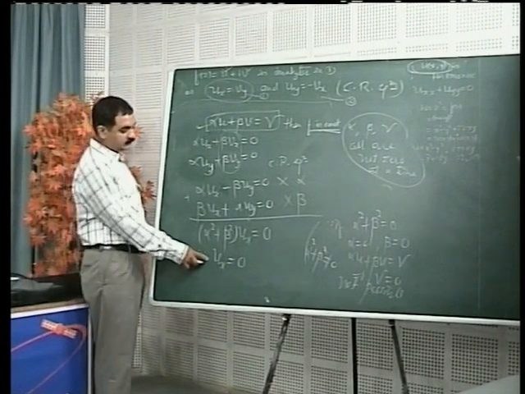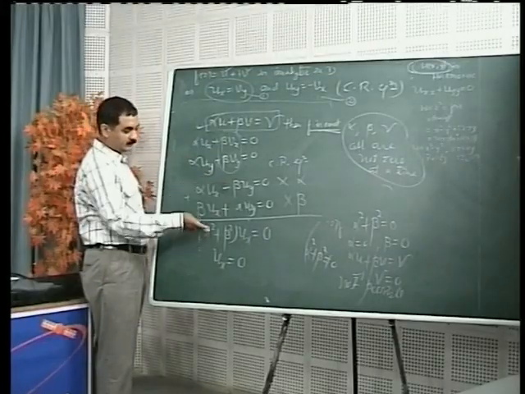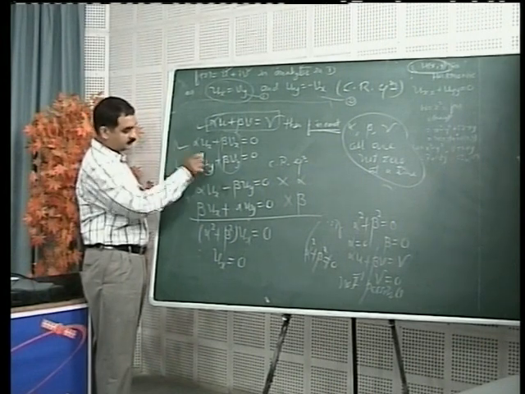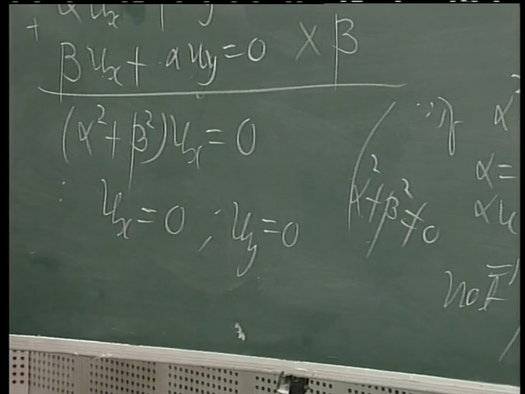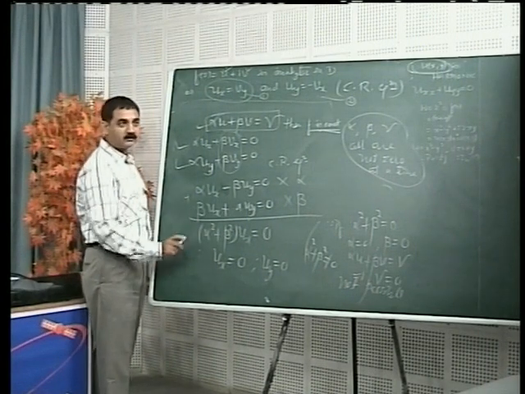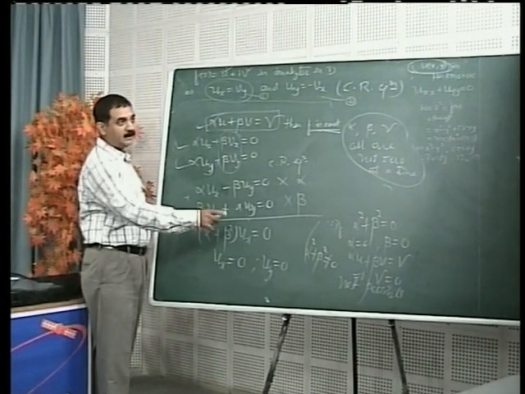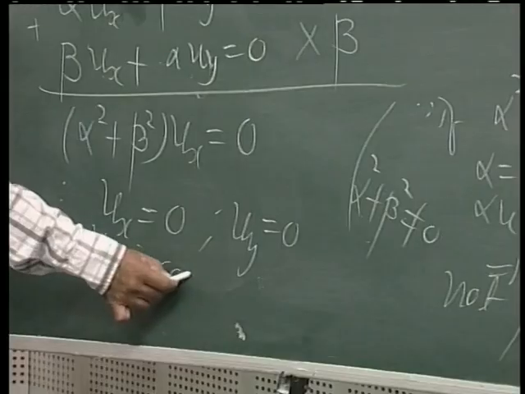You have ux is 0, and by repeating the same arguments using CR equations, from these two expressions we can easily show that uy is 0. Multiply this by minus beta and alpha and just proceed. So ux is 0, uy is 0, so u is independent of both the variables x and y, so u is constant.